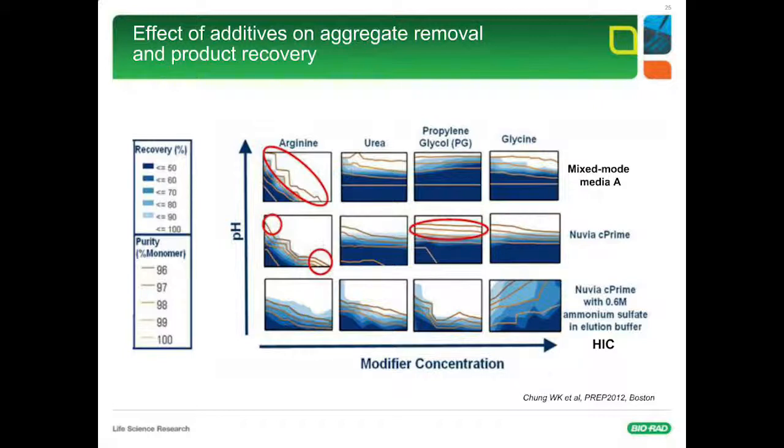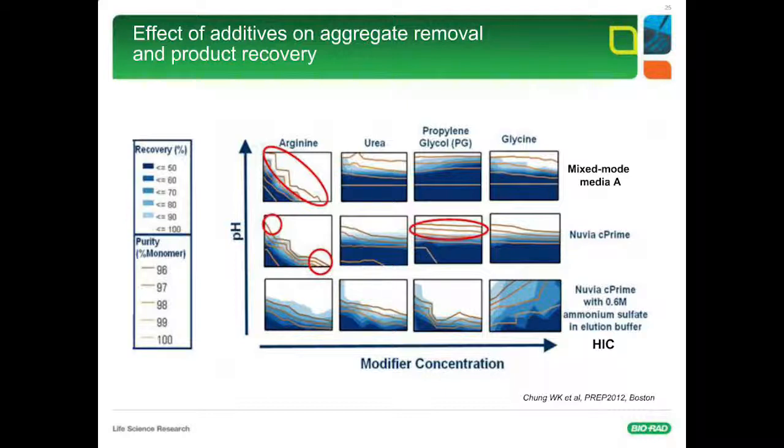Looking at arginine, we see the pH has an effect, and the concentration of arginine also changes the recovery and aggregate removal. So we wanted to pack some columns to validate data from this plate screening. There were 3 conditions we chose from the plate screening. The first one is on the upper left-hand side.